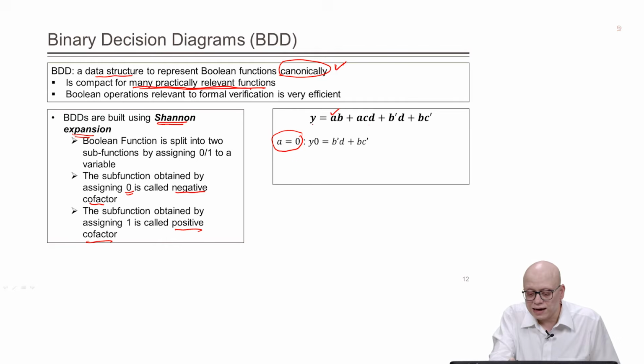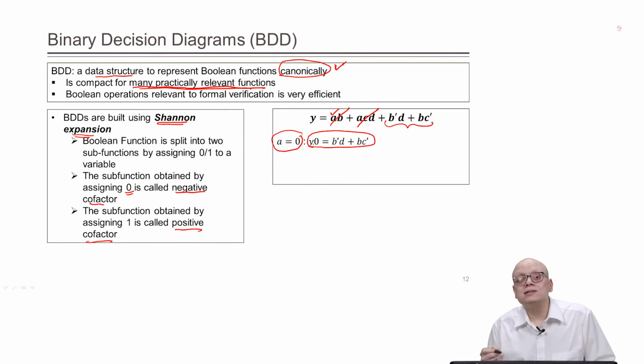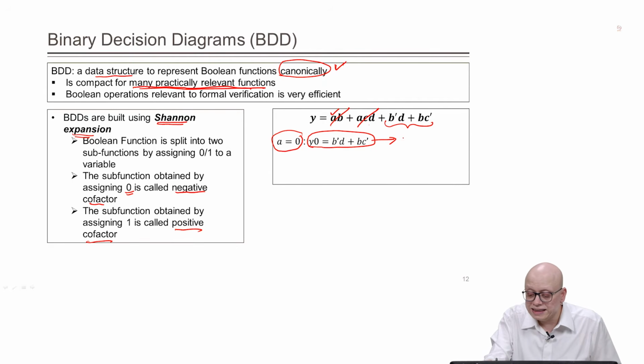Then this term will become 0, this term will also become 0, and we will be left with these two terms. So, this function y0 that we obtained after assigning A equal to 0 is known as the negative cofactor.